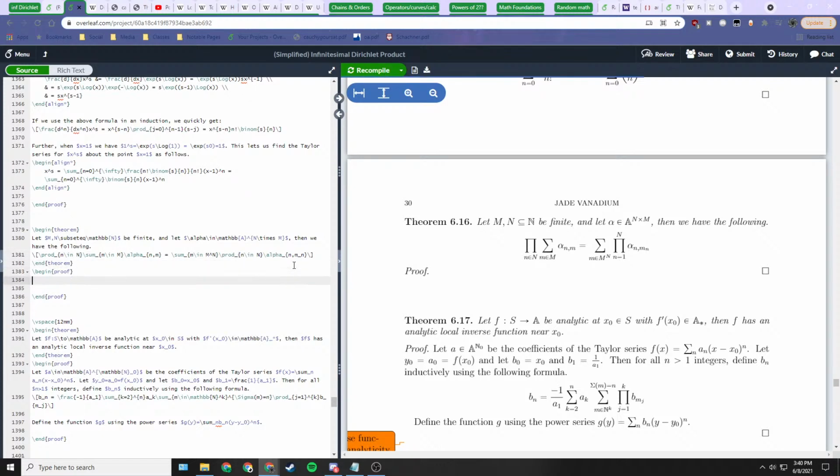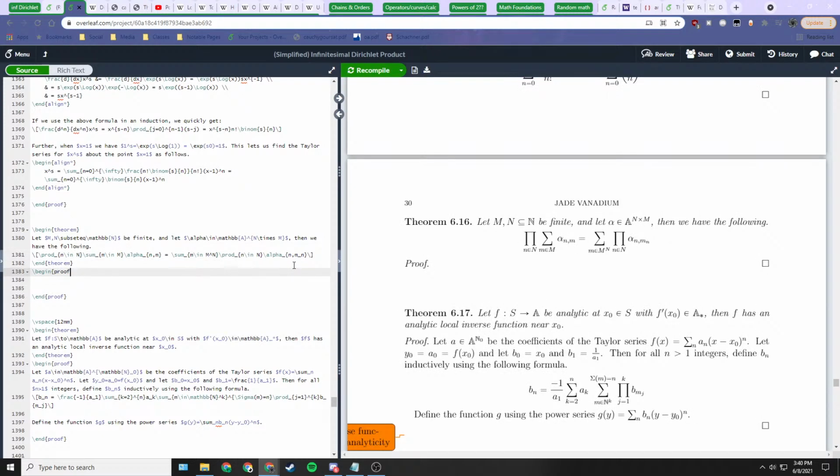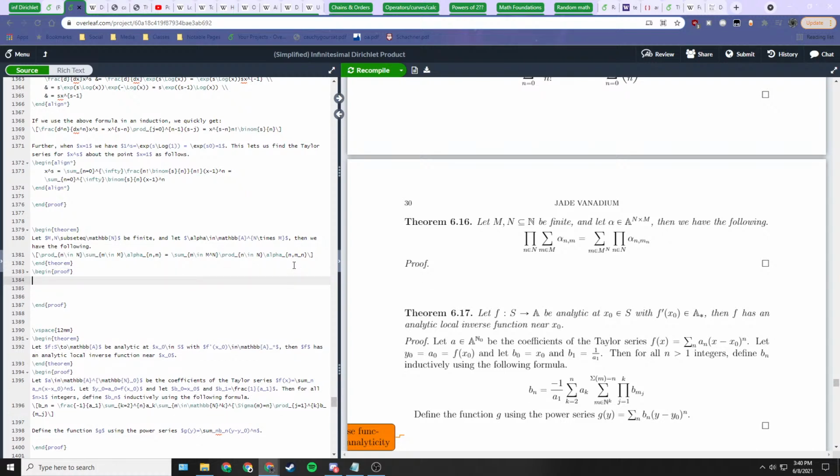Okay, so the proof is, we're going to do it by induction. We're going to prove this by induction on these sets, I think both. This is LaTeX code, actually.